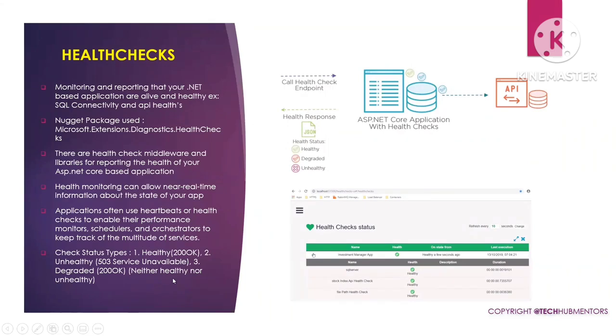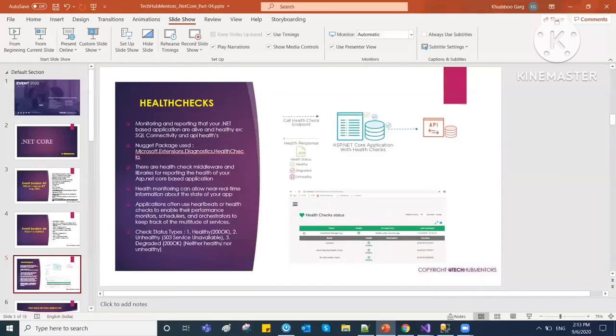Health checks provide three statuses. Healthy has status code 200 OK. Unhealthy has status code 503, Service Unavailable. Degraded has status code 200 OK too, neither healthy nor unhealthy. So let's do some exercise on this.